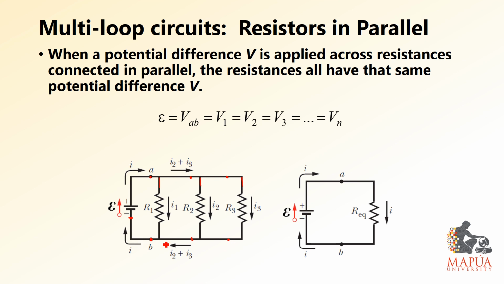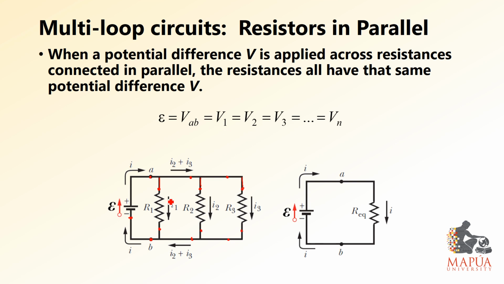Same goes here. So the potential difference provided by the battery between AB would be the same as the potential difference across R1, across R2, and across R3.